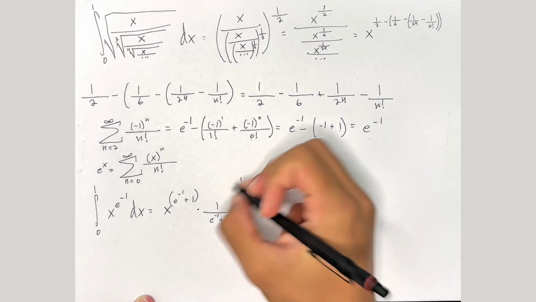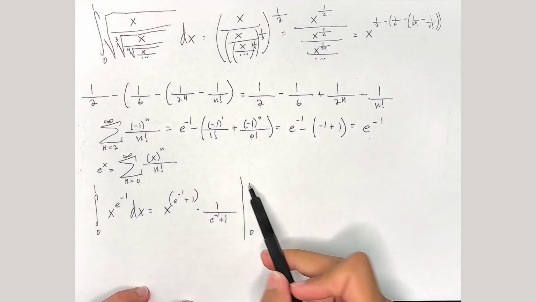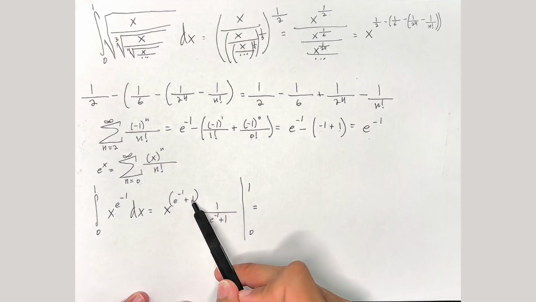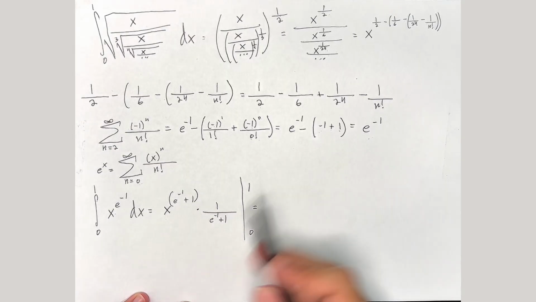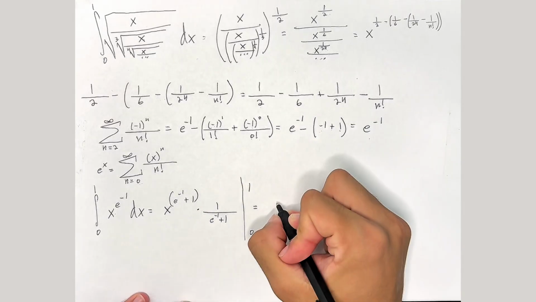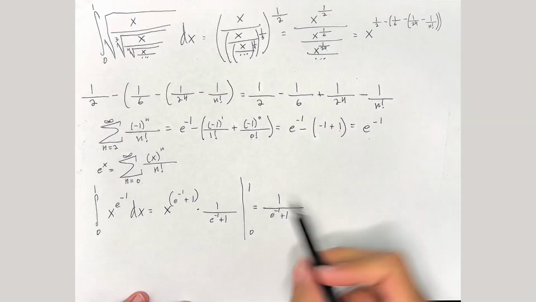And then this here would be evaluated from 0 to 1. Evaluating this at 1, we get 1 to the e to the negative 1 plus 1, which just cancels out to 1, times 1 over e to the negative 1 plus 1, which is just 1 over e to the negative 1 plus 1.